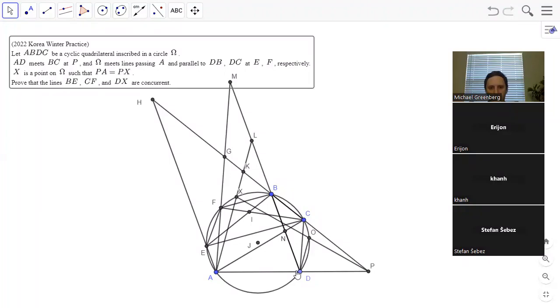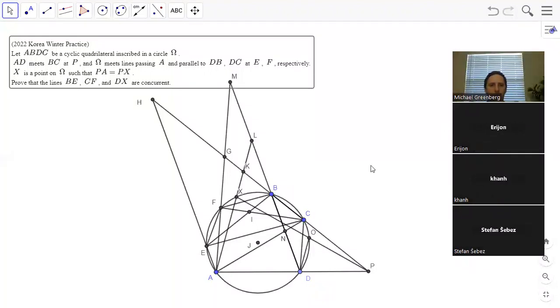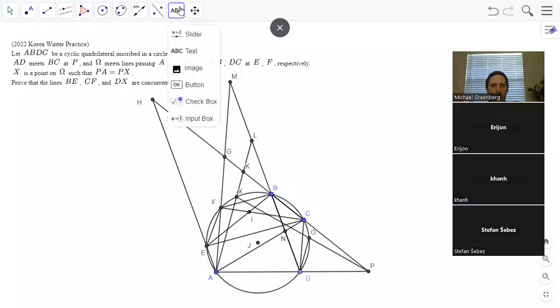Let me think about this for just a sec. Hey Ryan, we're in our second problem and we're trying to use involutions here. Let me write out what I saw.